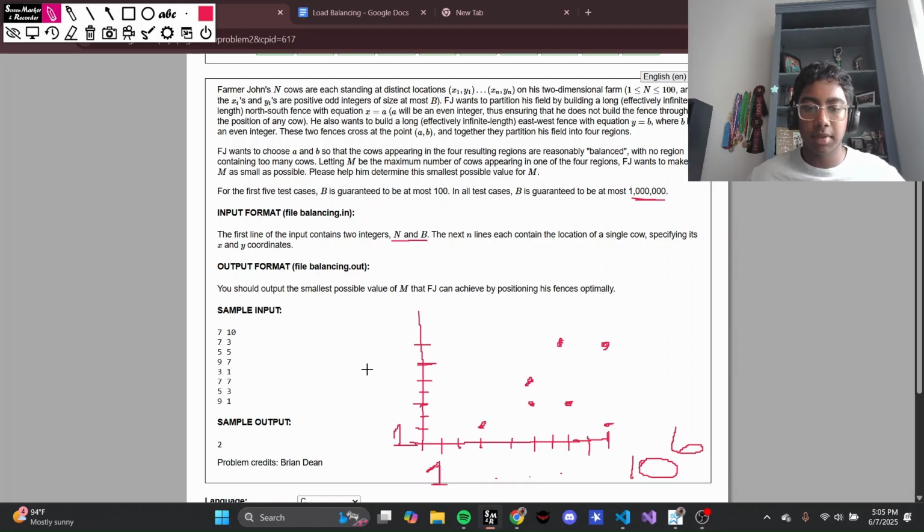And that would be the same thing for the y-axis. So you wouldn't be able to brute force all of those fence locations, because that would be O of 10 to the 6th times 10 to the 6th, which is 10 to the 12.